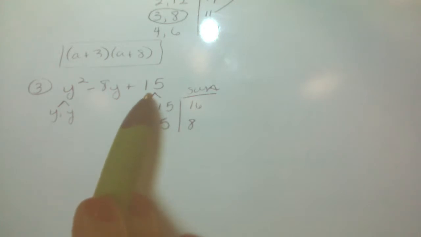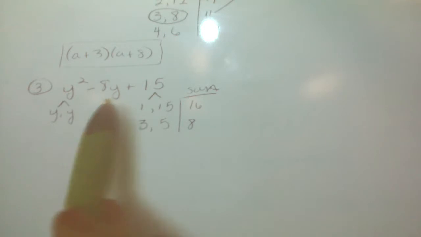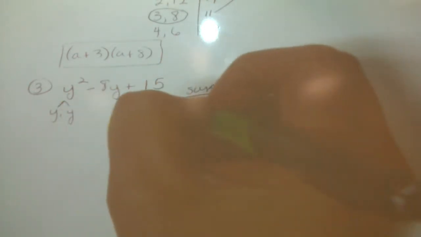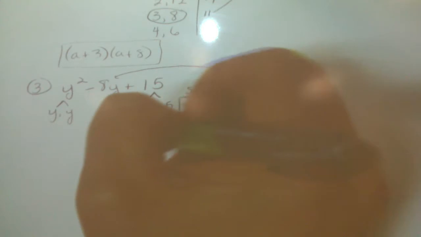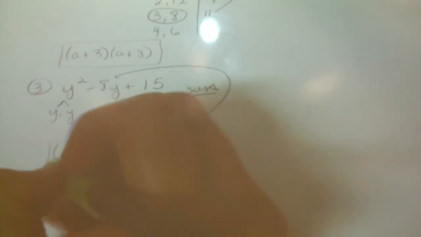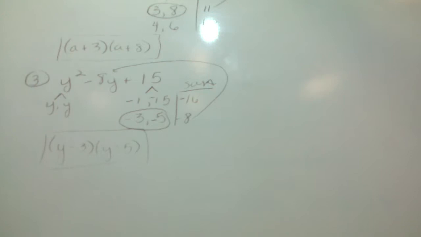When the last number is a positive and the middle number is a negative, they're all negatives. So that makes this negative 16, that makes this negative 8. That's what I'm looking for. Here's the factor pair. So I'm going to have y minus 3 and y minus 5.